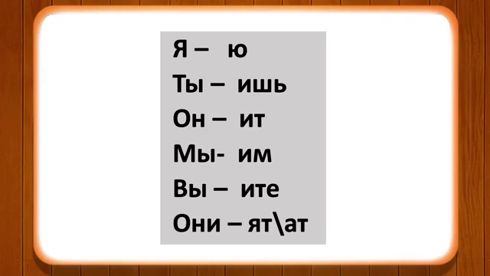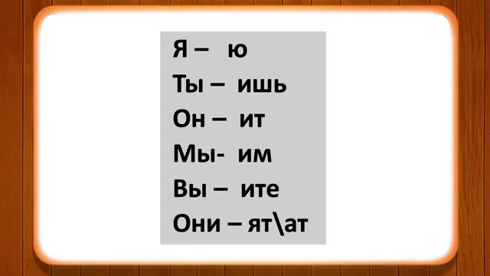I will repeat. For the second conjugation, the endings are: with ya, you take the stem of the verb and you add the ending u. For pronoun ty, you take the stem of the verb and you add ish. For pronoun on or ona, you take the stem of the verb and you add the ending it.